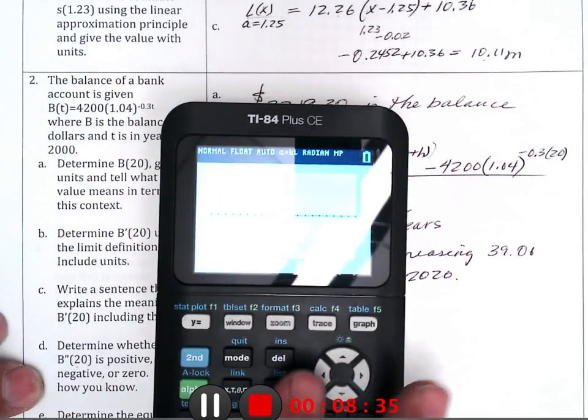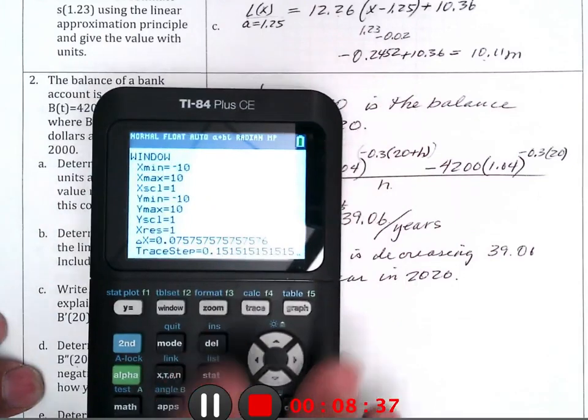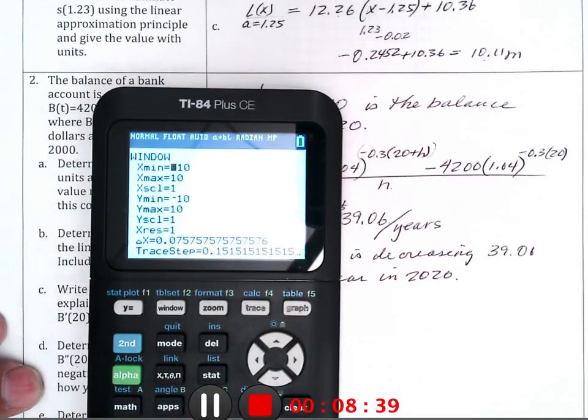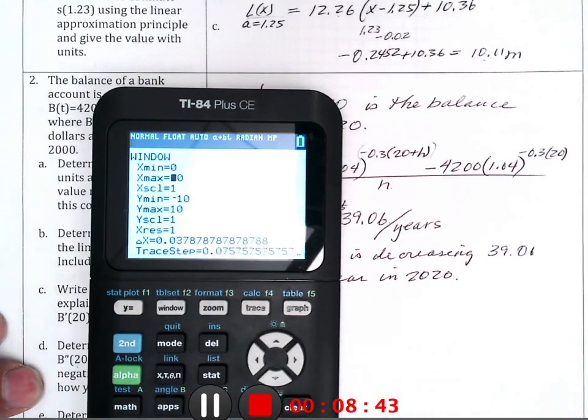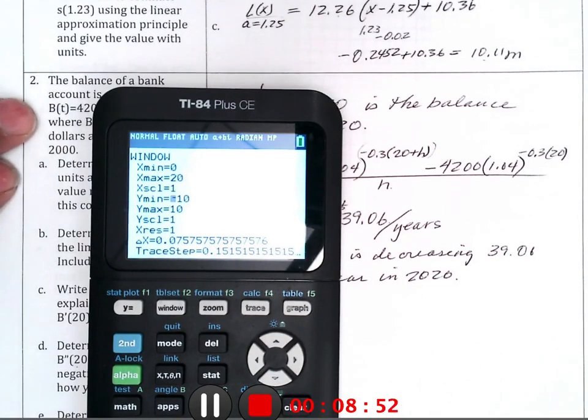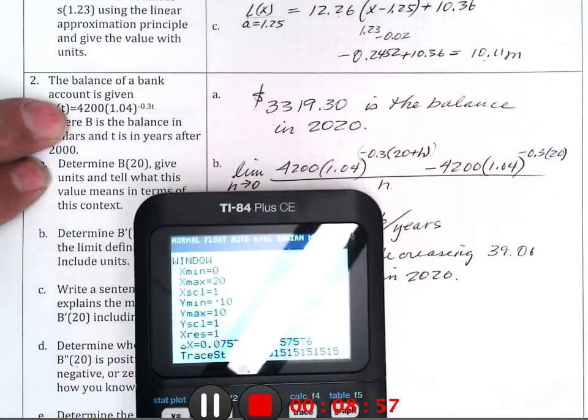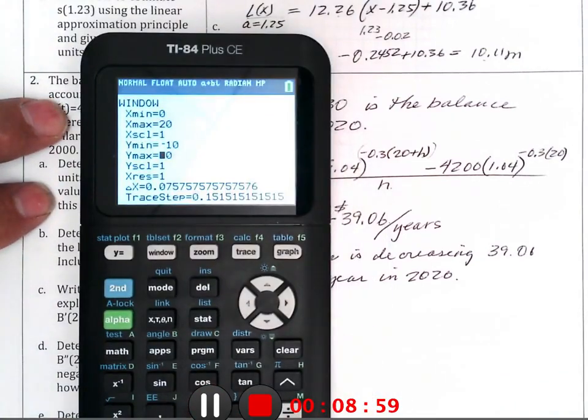So window, I need to look from the years being 0 to 20, and I want to look at the bank balance somewhere between negative 10 or 0 and probably more than 4,200, so I'm going to go 5,000, and I'm going to step that by every 1,000.